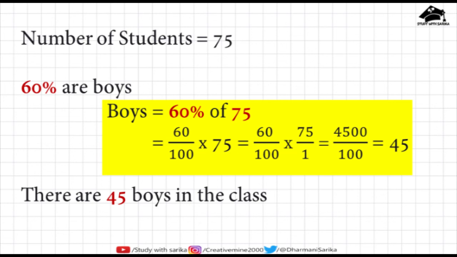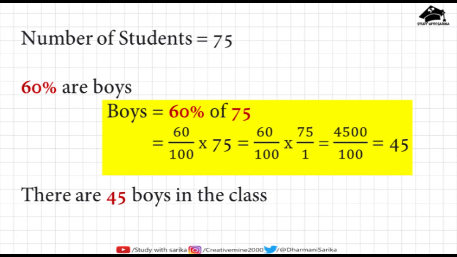There is no denominator for 75, so we simply consider 1 as its denominator. 60 divided by 100 multiplied by 75 divided by 1. Multiply all the numerators, and divide by the denominators. So 4500 divided by 100 will give 45 as the answer.